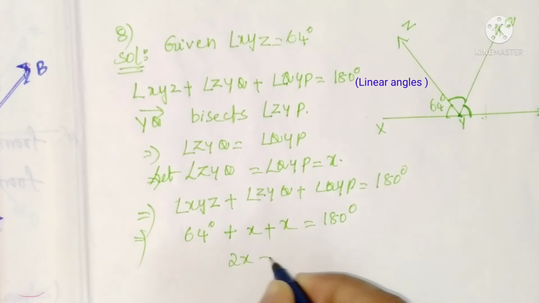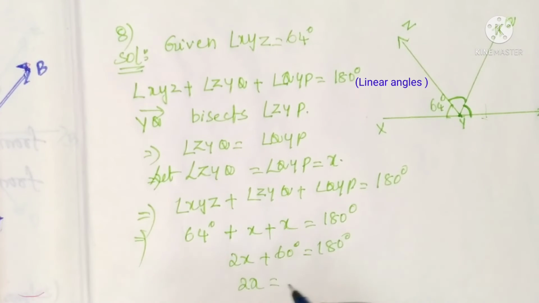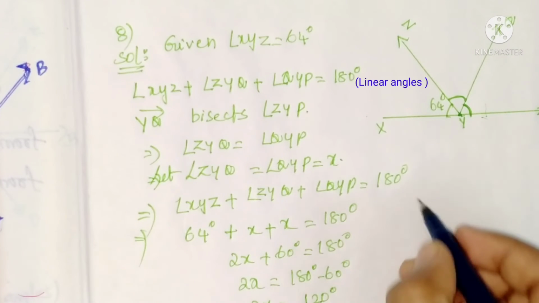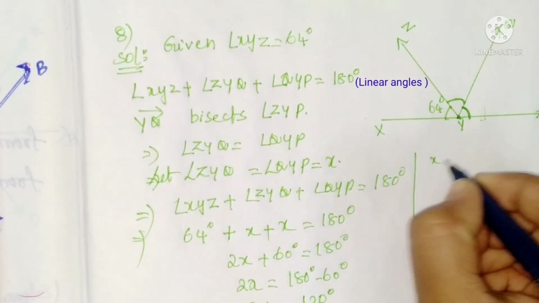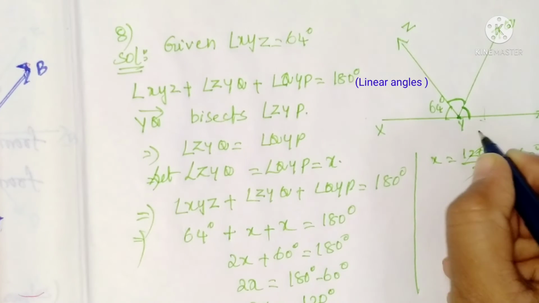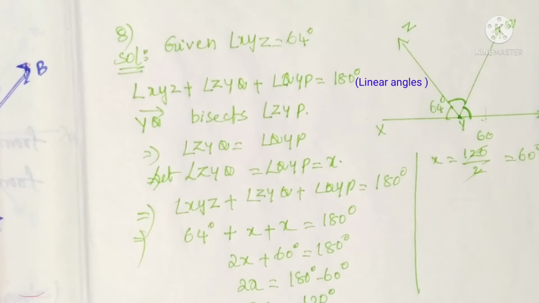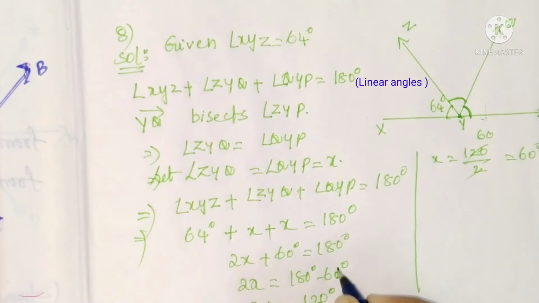So 2X plus 64 is 180, and 2X is equal to 180 minus 64. Sorry, earlier I wrote 60, but it is 64.